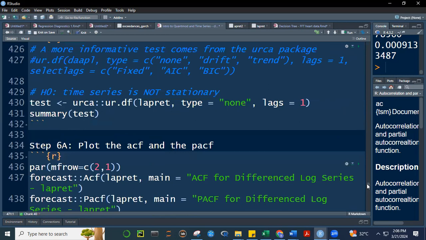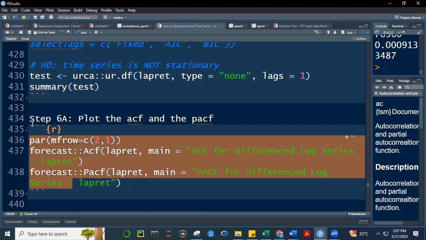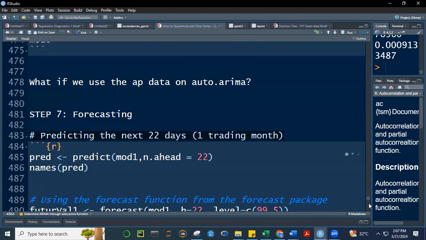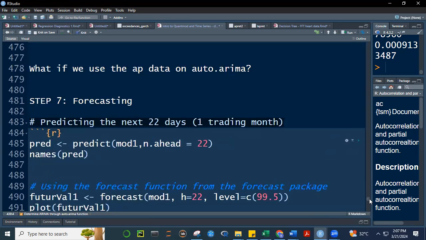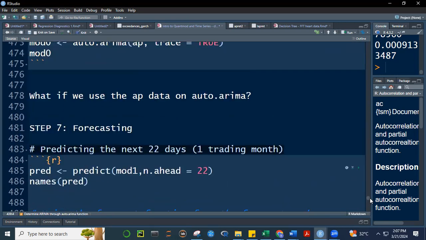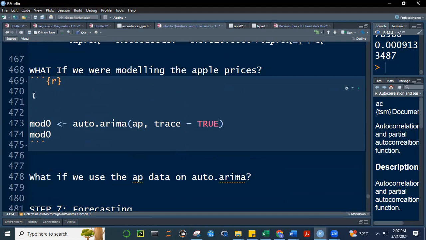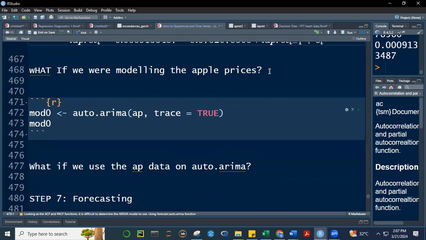So in your case class, even if you're going to use the auto.arima, maglagay pa rin kayo ng PACF and ACF, kasi I want you to comment on, based on the ACF and the PACF, ano kaya yung possible na model.